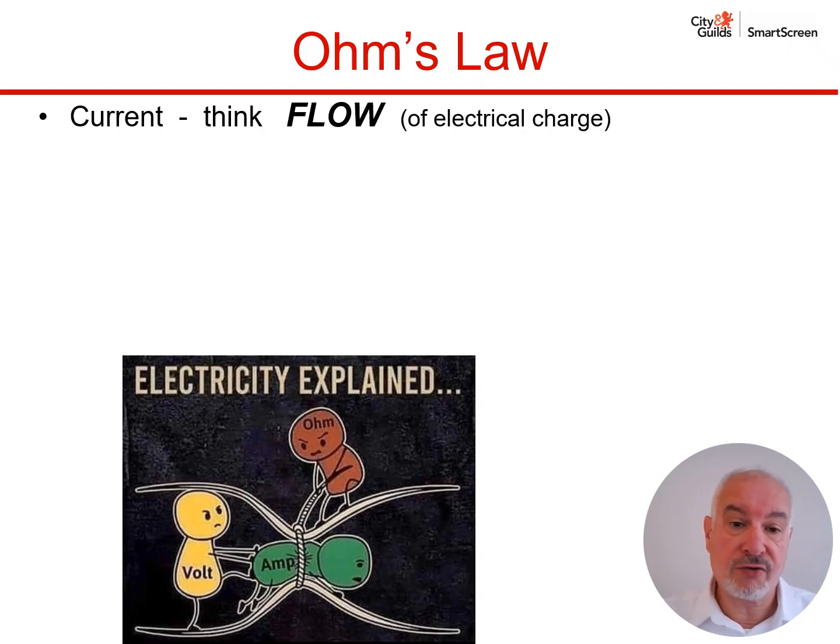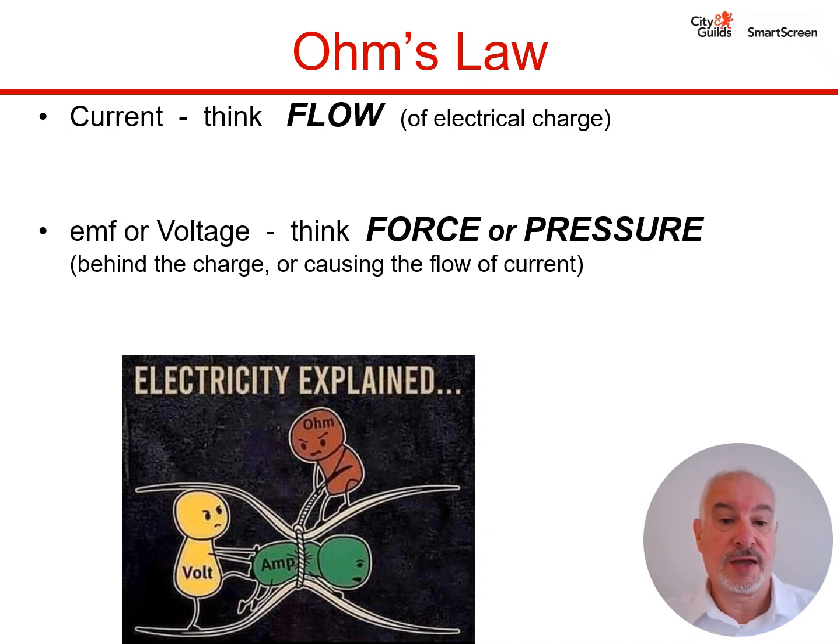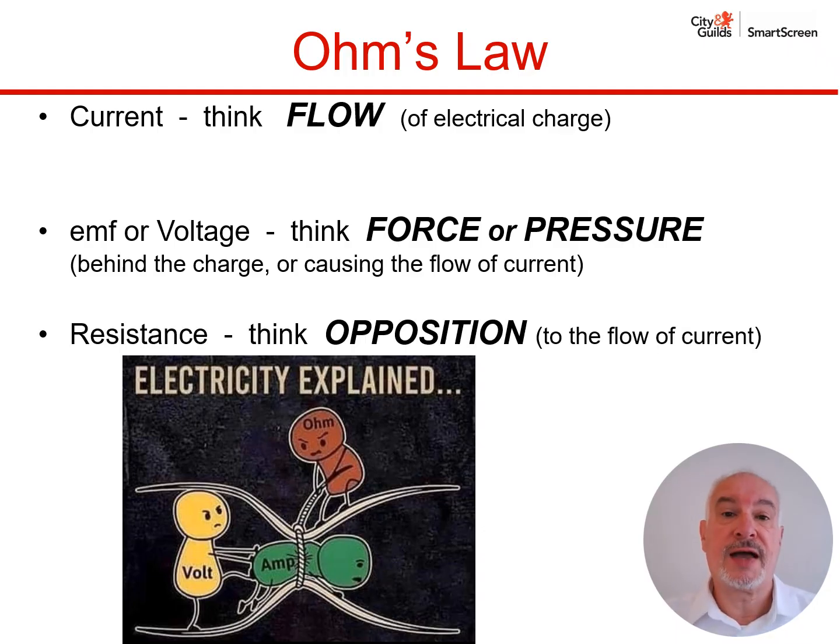So we think of current in terms of the flow of electrical charge, and we think of voltage in terms of the force or the pressure that's going to cause the current to flow, and we think of resistance as the opposition to the flow of current.